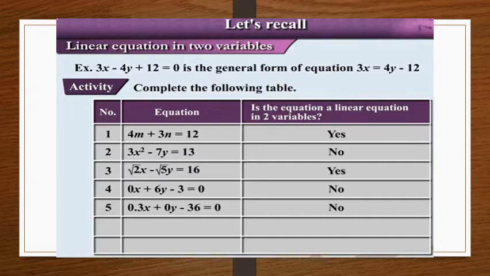Now let us move on to the sixth equation. 4 upon x plus 5 upon y is equal to 4. So here variables are in the denominator, degree is 1, but if it comes to the numerator, degree will become negative. It becomes minus 1. So again this is not a linear equation because the degree is 1 but it is negative 1.